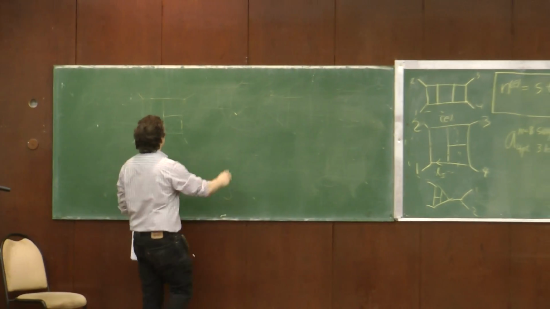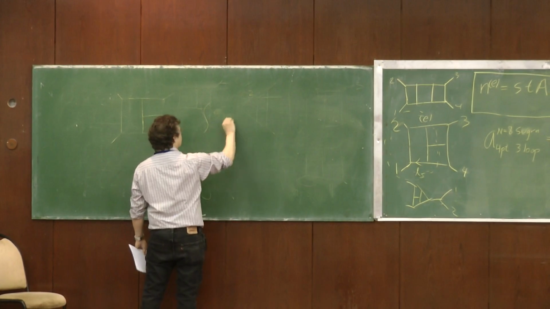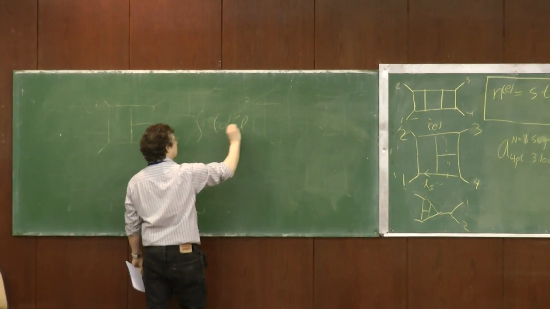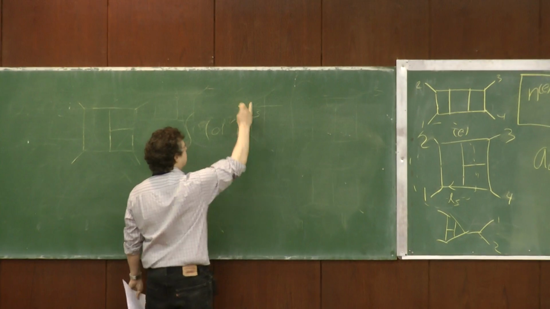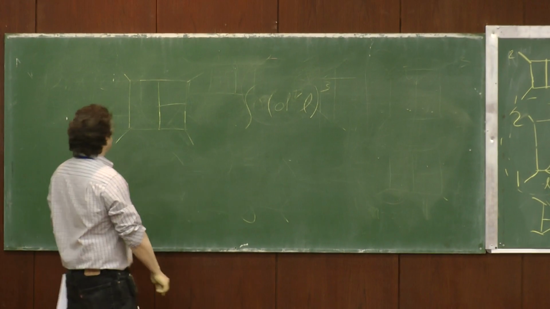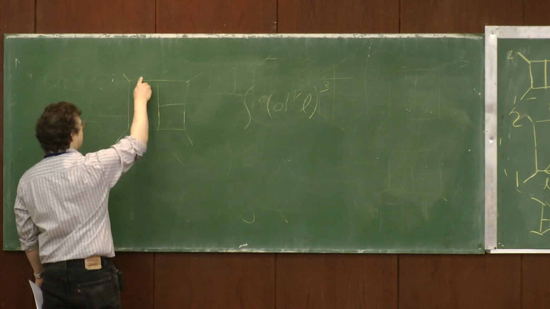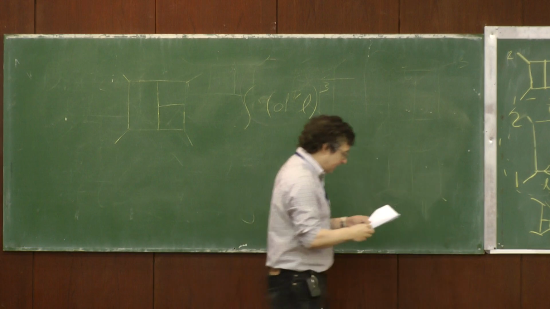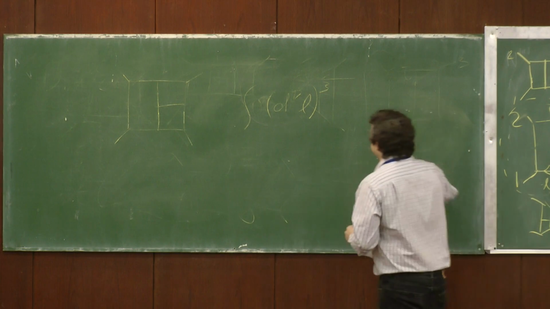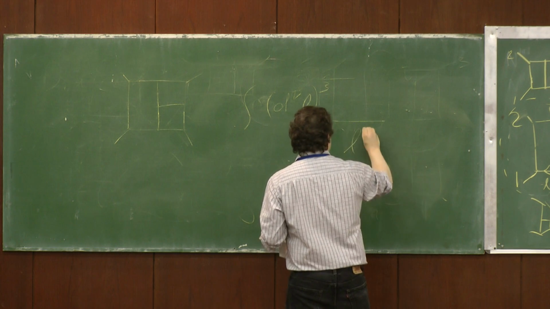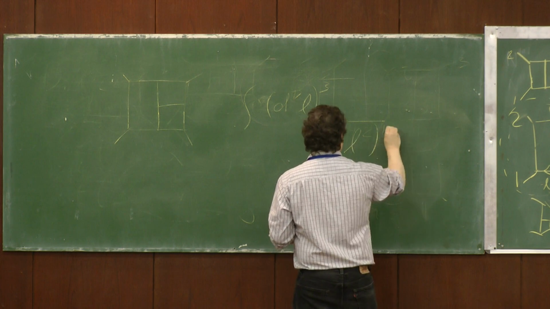So let's count. How many loops do we have? We have d^D l, let's make it cubed because I have 3 loops. Right? Then how many propagators do I have? 1, 2, 3, 4, 5, 6, 7, 8, 9. Anyway, it's 10. And that gives me downstairs l squared to the 10th.